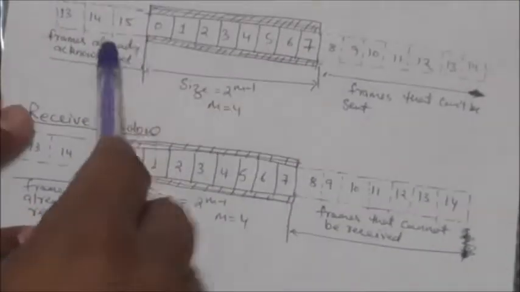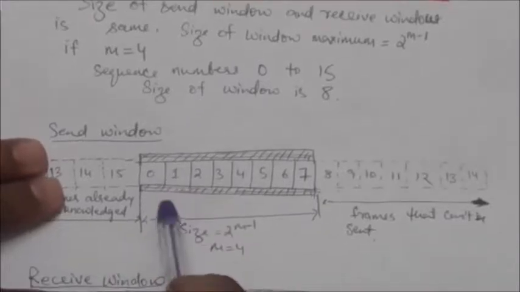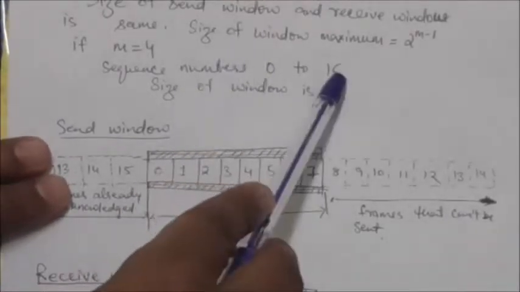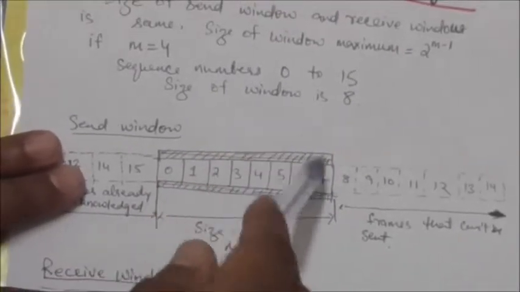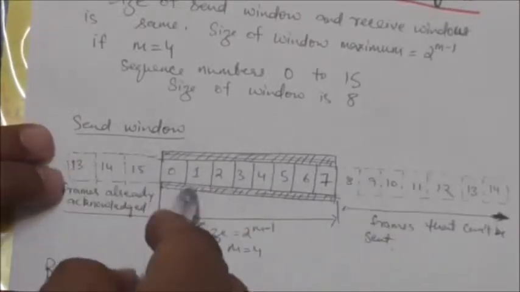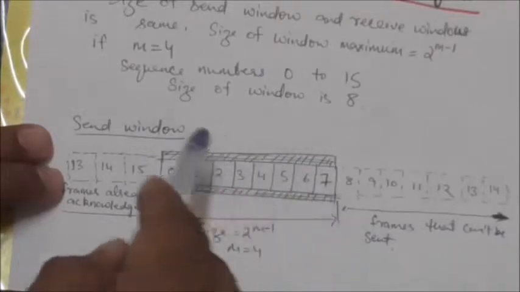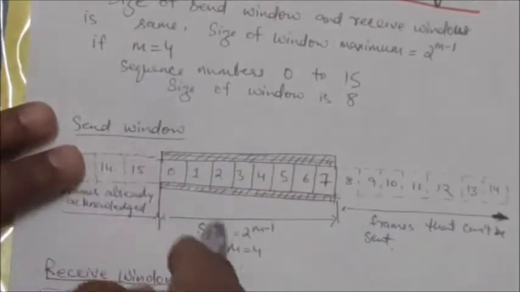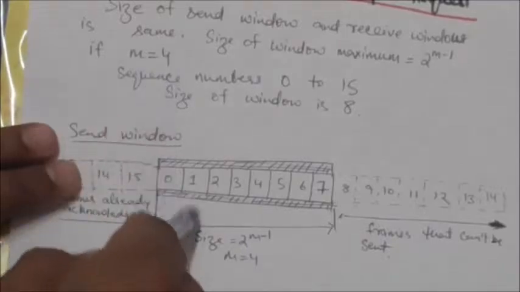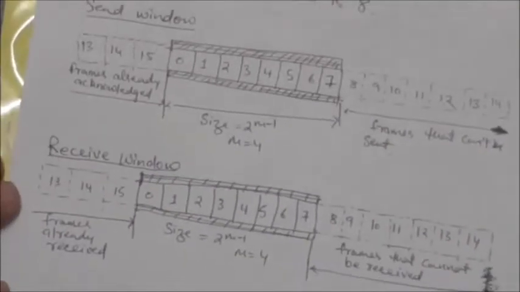Now as you can see here in this send window, we have considered the value of m equal to 4, so the sequence numbers are from 0 to 15 and the size of the window is 8. Now let us see the receive window.